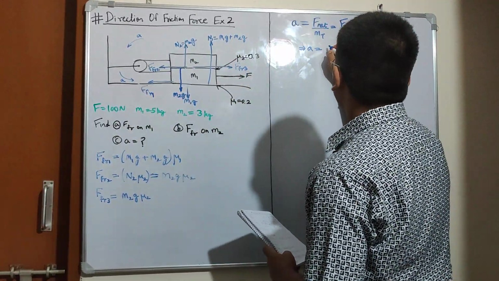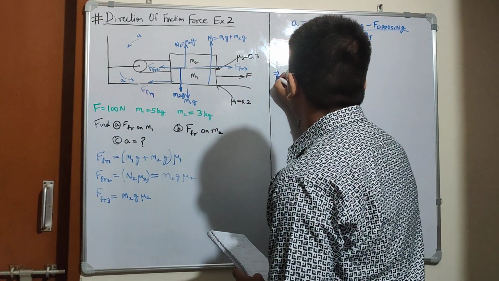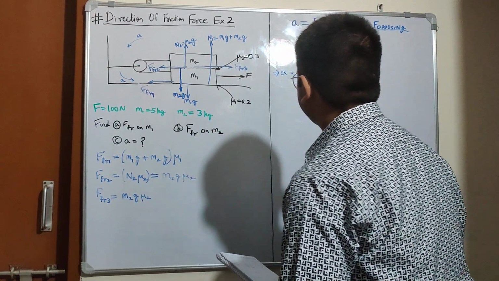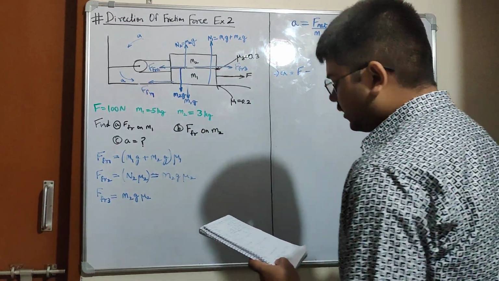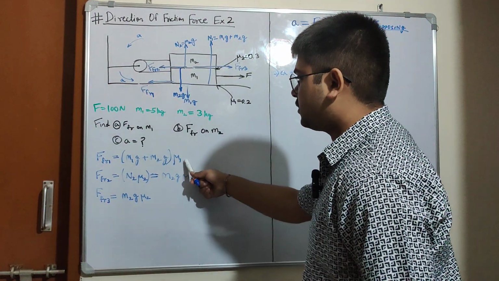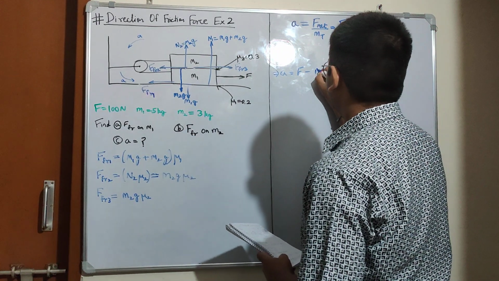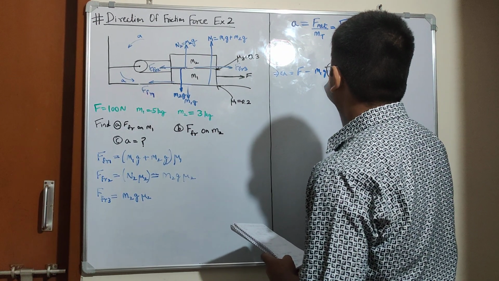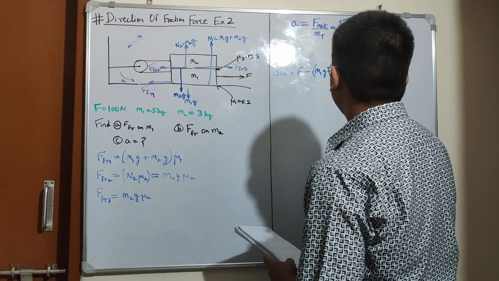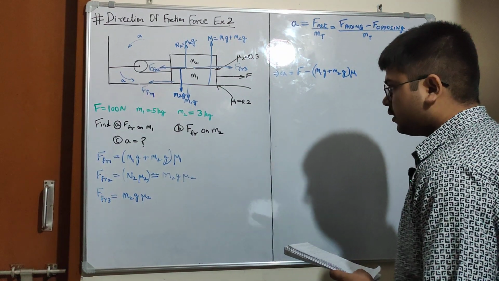So I'll write here F minus, we have one frictional force 1, that is this one, (m1g plus m2g) μ1, minus m2g.